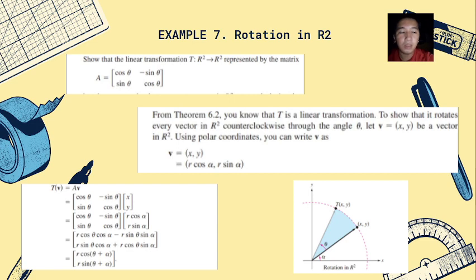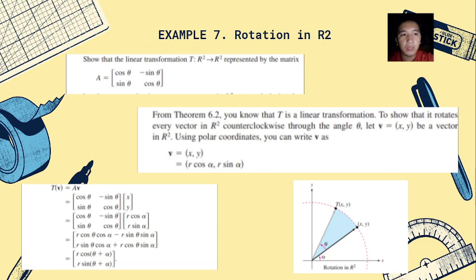let v = (x, y) be a vector in R squared. Using polar coordinates, you can write v = (x, y) = (r cos α, r sin α), where r is the length of v and α is the angle from the positive x-axis counterclockwise to the vector v.